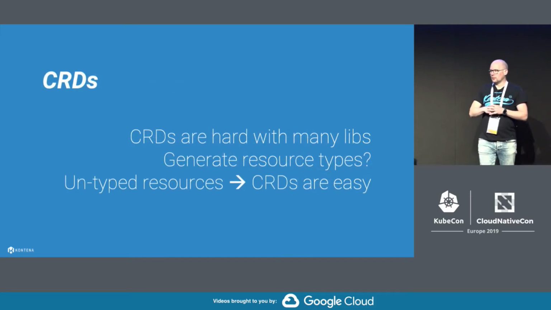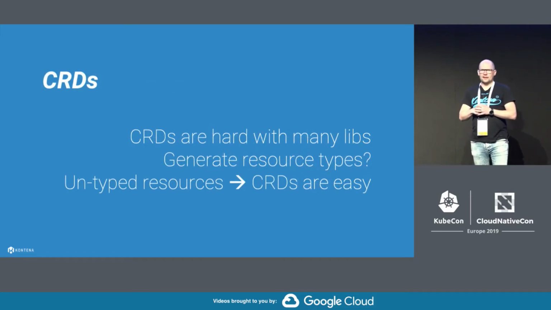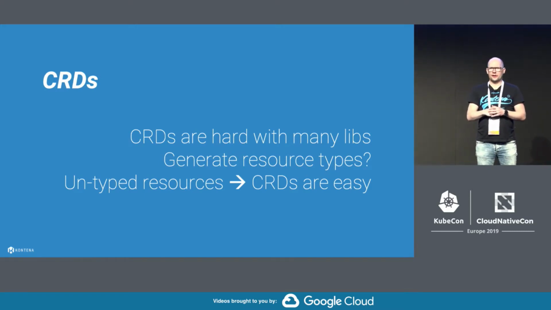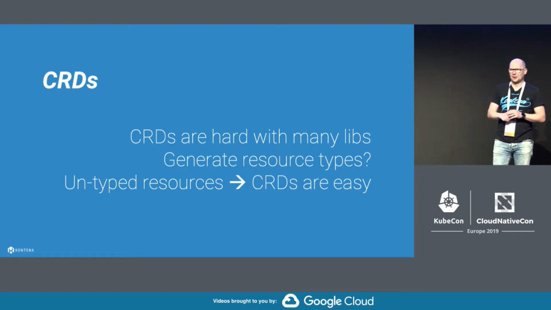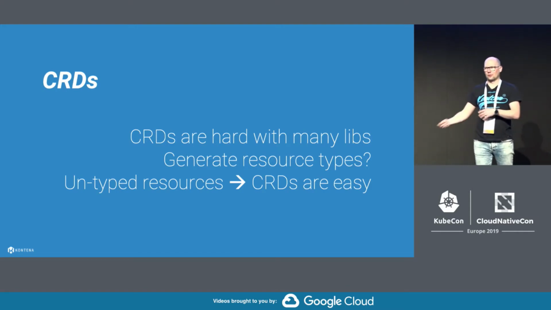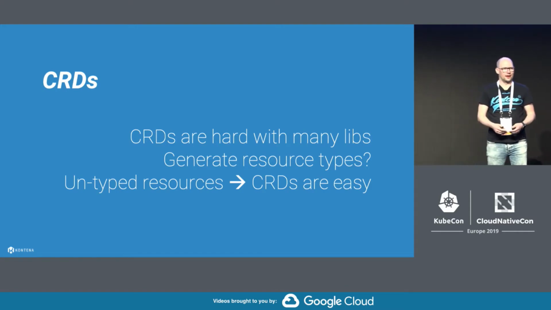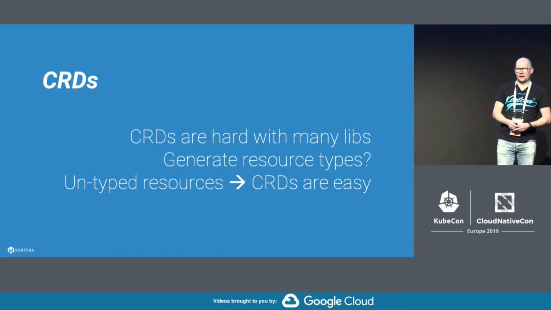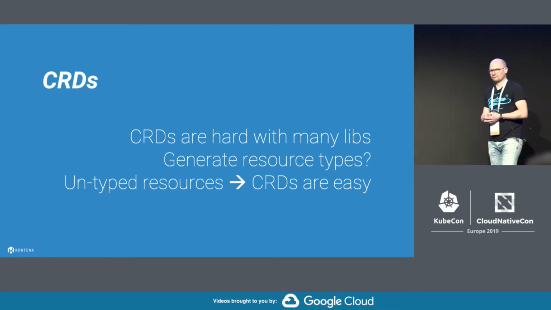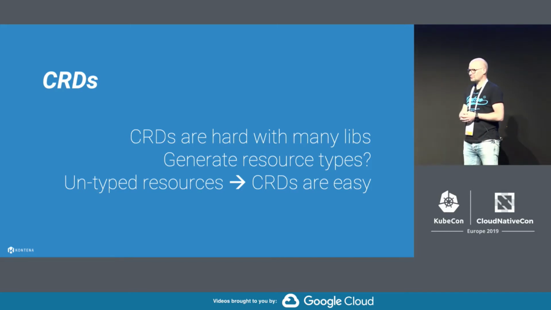Well, has anybody been working with the Go client and CRDs? Yeah, a few hands. I guess you felt the pain in doing that. At least whenever I have to work with the Go client and CRDs, I end up shaving yaks for the next couple of days, and it's painful.